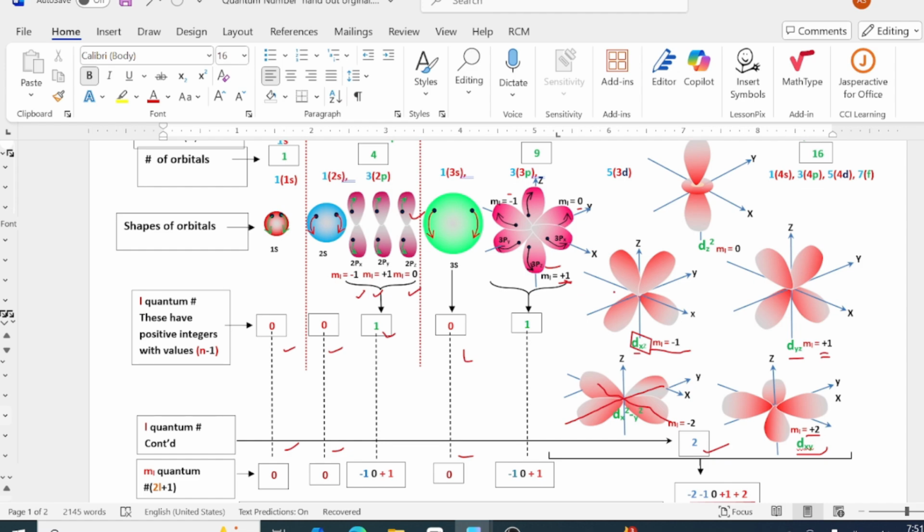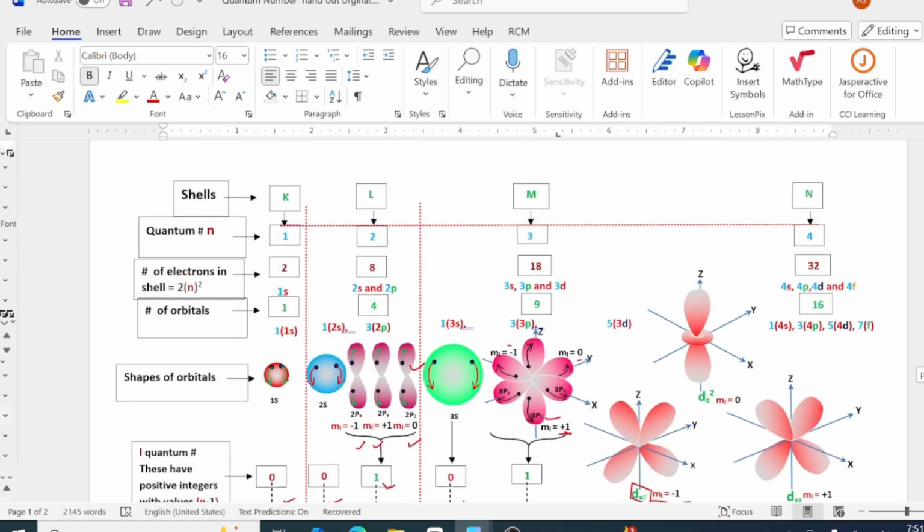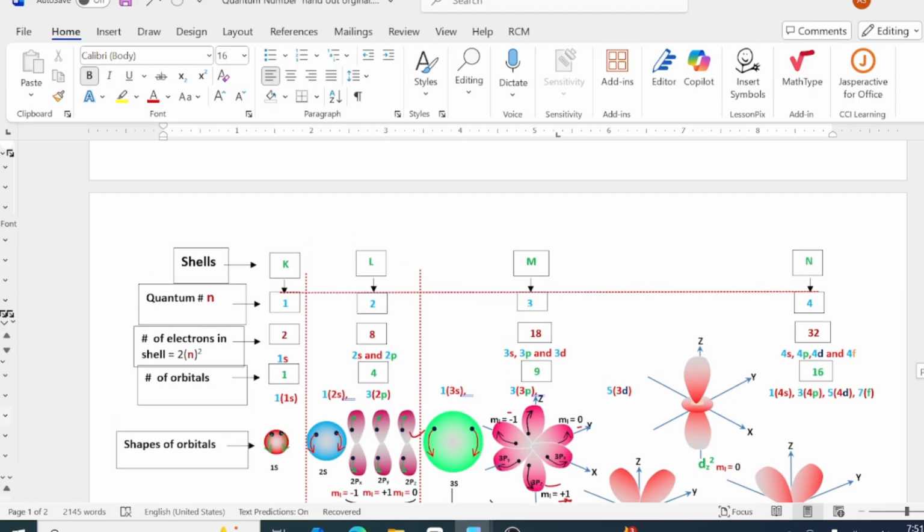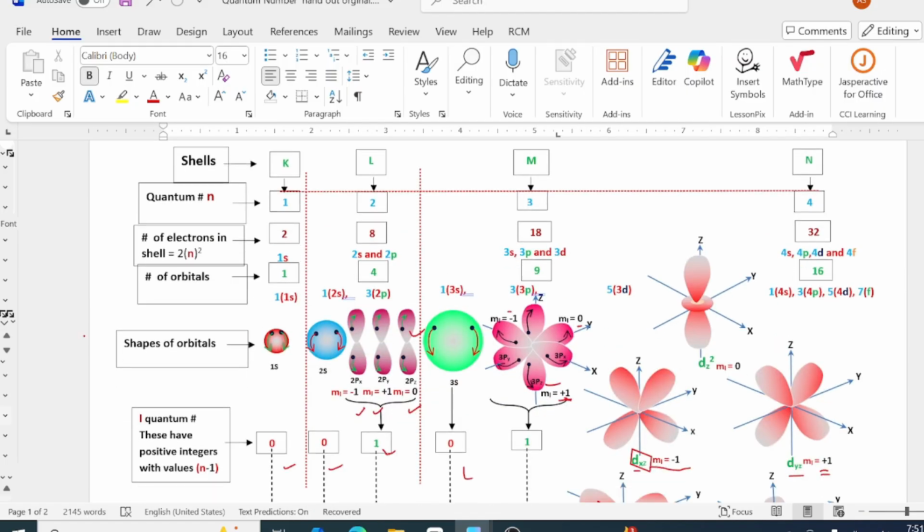Alright, and like that, we can assign quantum numbers to any one of these orbitals here and the electrons that are found in them. So you can have another look at that. This gives you the shells there and the principal quantum number here. It gives the number of electrons in each of these orbitals here. That's found by using the formula 2n squared. It gives you the number of orbitals, and the type and number of orbitals in each.